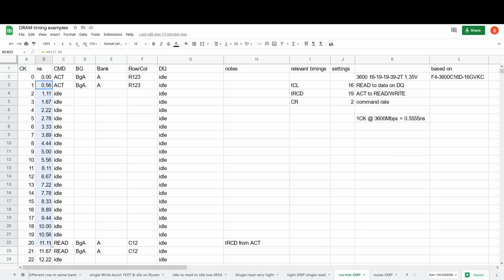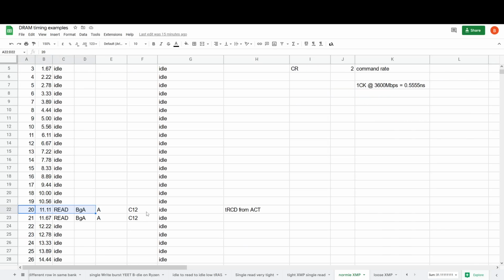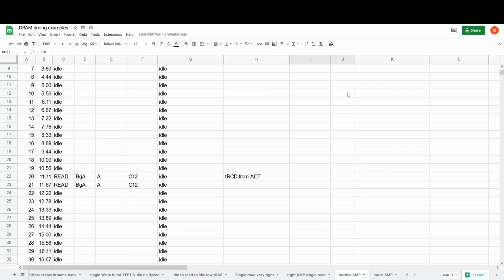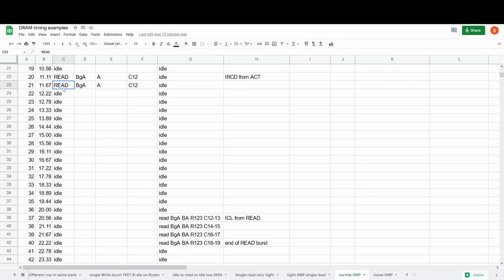And now our read command: because our tRCD is 19, we have to wait 19 clock cycles from cycle 1 to send our read command, so that ends up being on cycle 20. Again, we want to read column 12 of bank A of bank group A, and command rate 2, so we're holding it for 2 cycles. And because our CAS latency is 16, 16 cycles after the end of our read command we get our data, which is now on cycle 37.